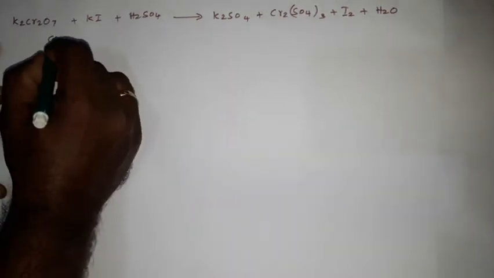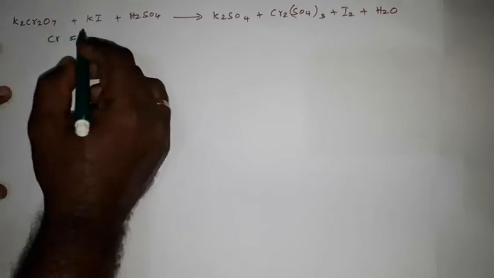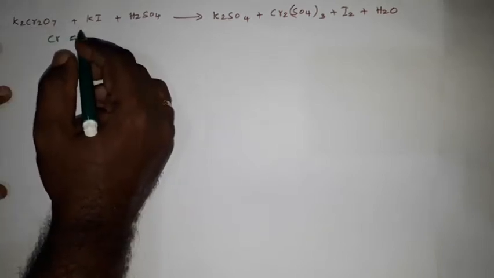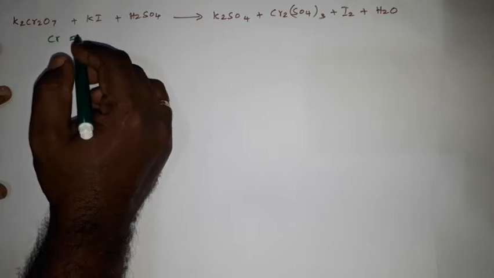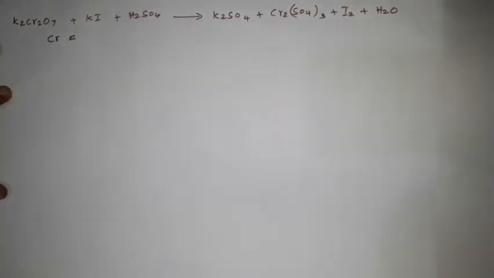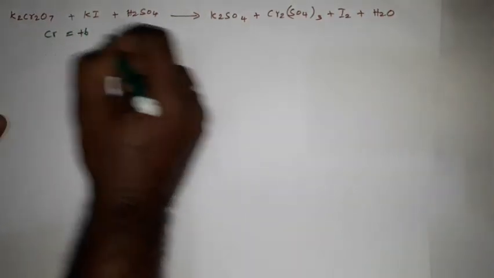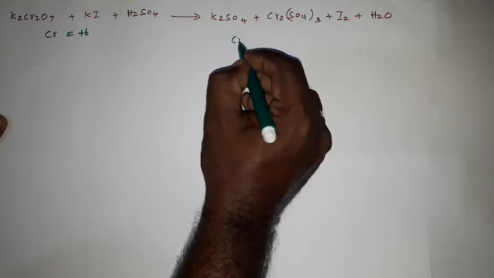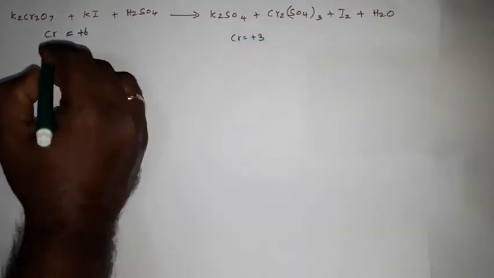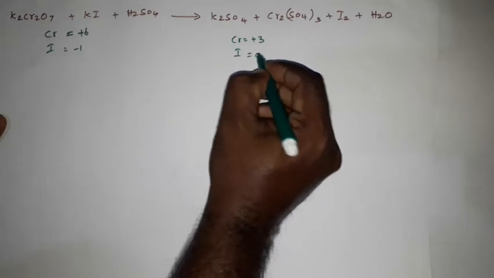So only chromium, what is the oxidation number here? Chromium here it was plus 6 and here it was plus 3. Iodine here minus 1, here 0.